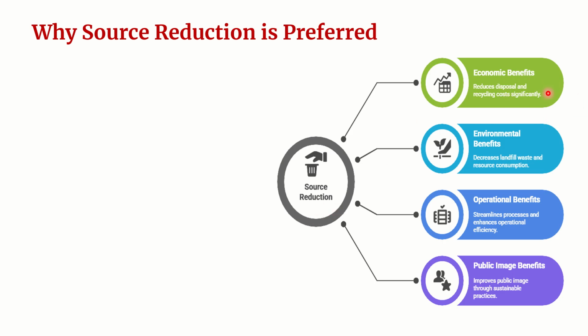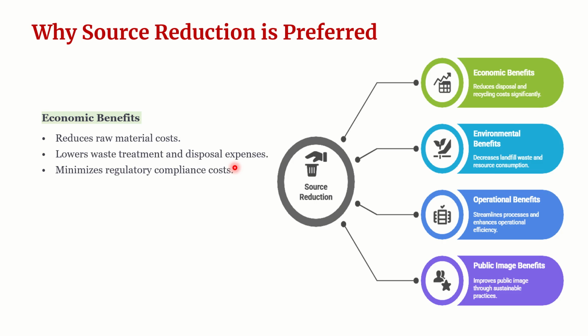Source reduction is preferred due to economic benefits, environmental benefits, operational benefits, and also public image benefits. What kind of economic benefits can be attained through source reduction? It reduces costs associated with raw material purchase, waste treatment, disposal, and also regulatory compliance.